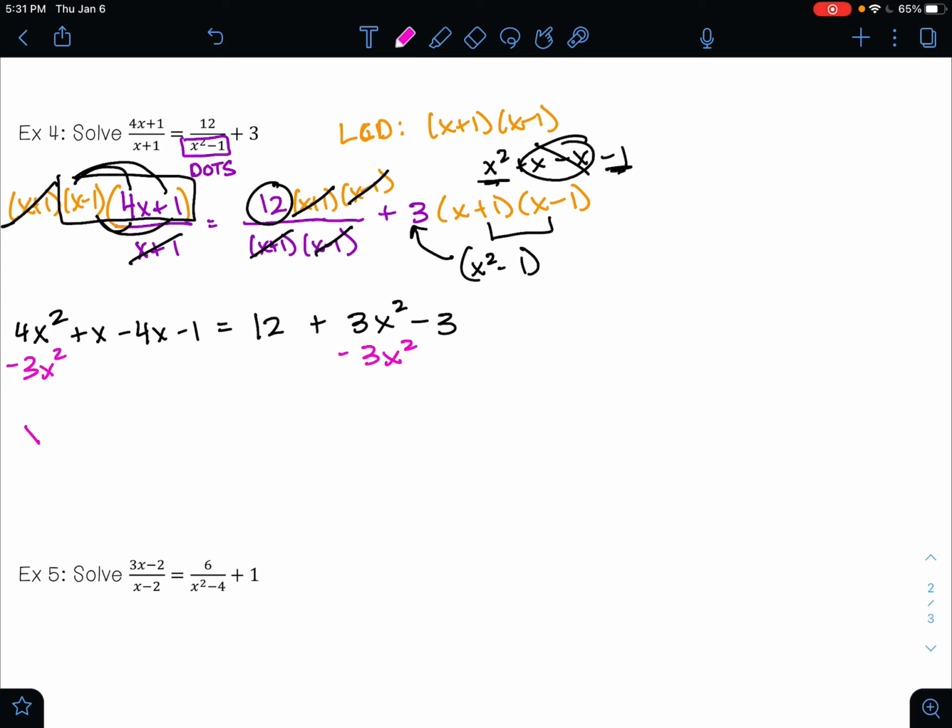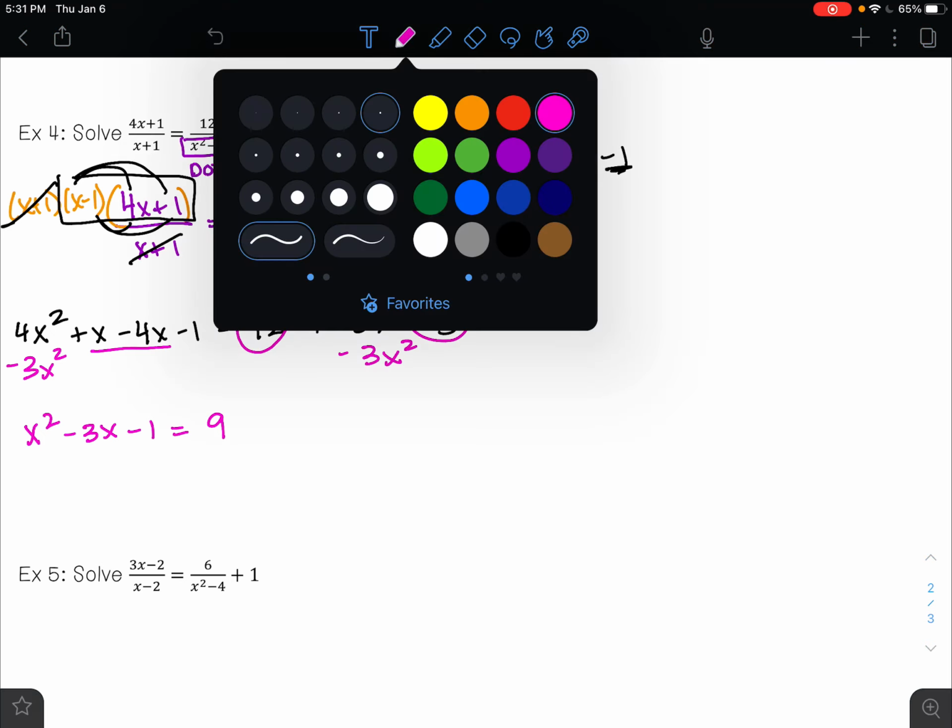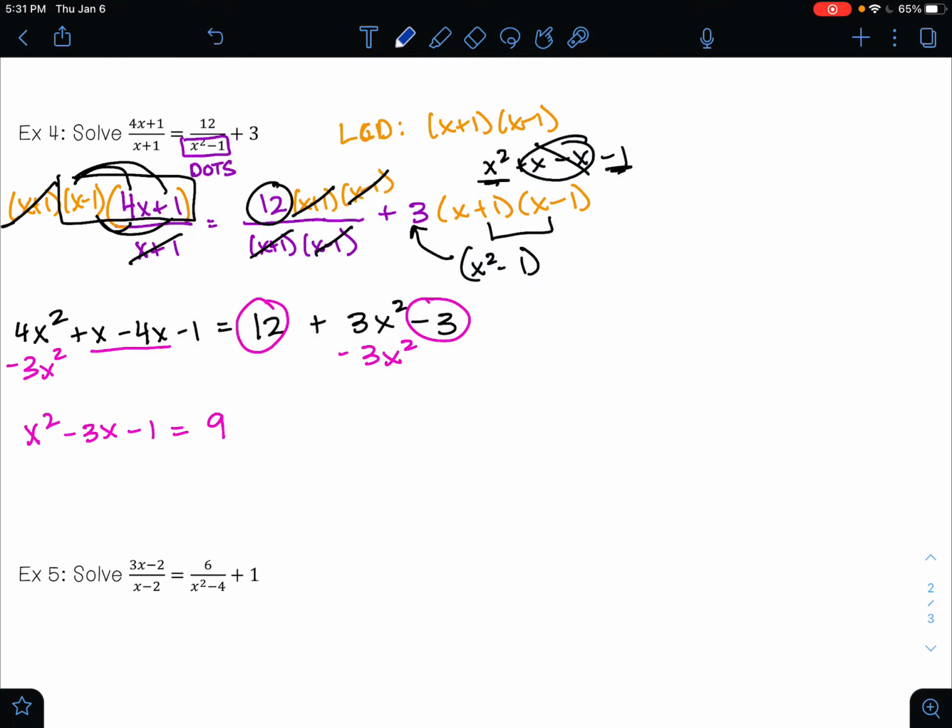So I'm going to have x squared, x minus 4x is negative 3x, minus 1, and then 12 minus 3 is 9. So I want to get everything on the same side, so I'm going to subtract 9 on both sides. And I'm going to have x squared minus 3x minus 10 equals 0.